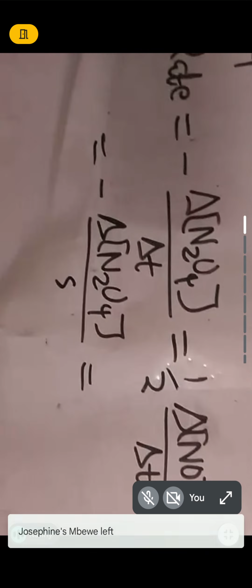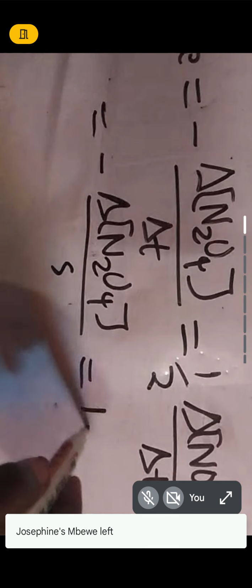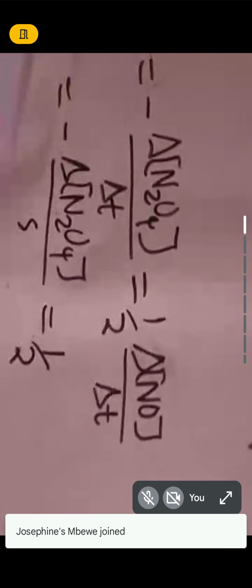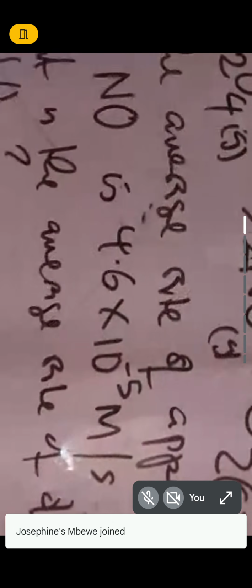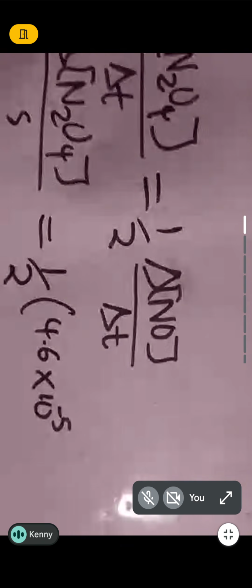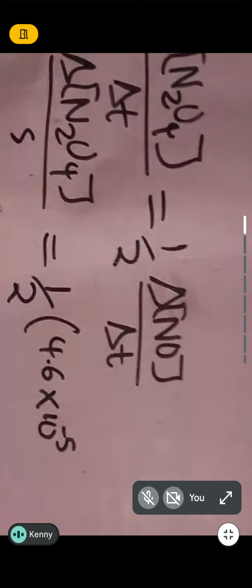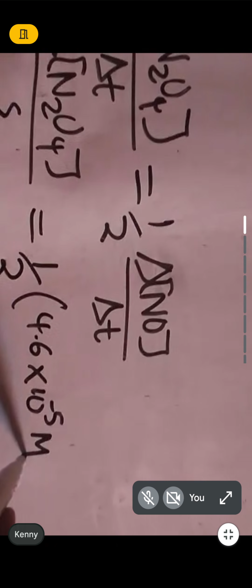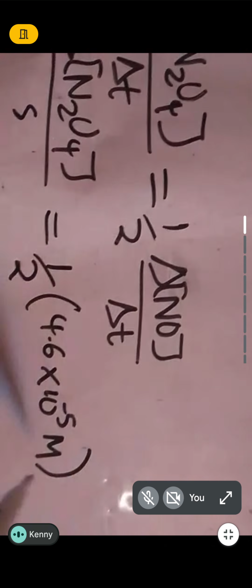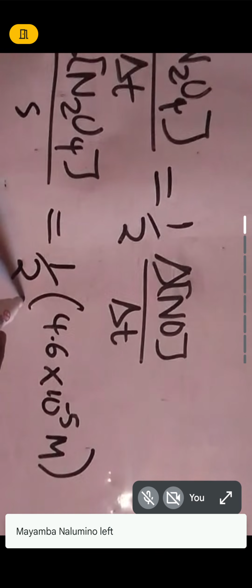Then half the concentration of NO, which is given as 4.6 times 10 to the power negative 5 molar, over delta T, S.